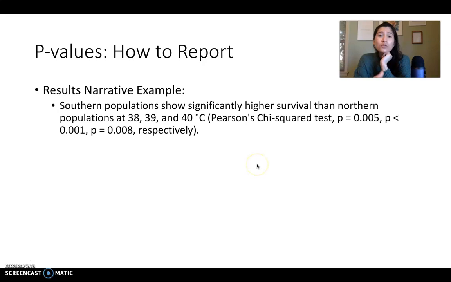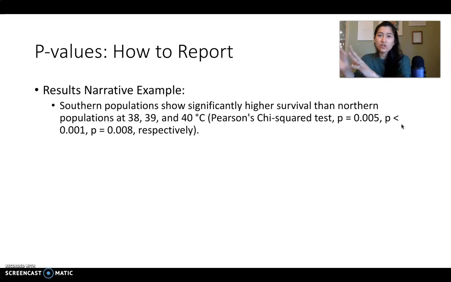And people do this differently, but one of the rules that I've followed in the past is if your p-value is greater than 0.001, I give the exact p-value. If it is less than 0.001, I just say less than 0.001. Again, people do this differently, so it never hurts to give the exact p-value.